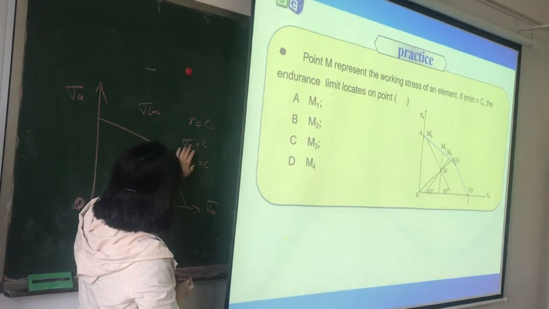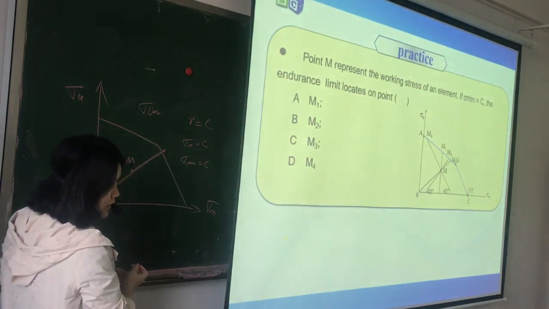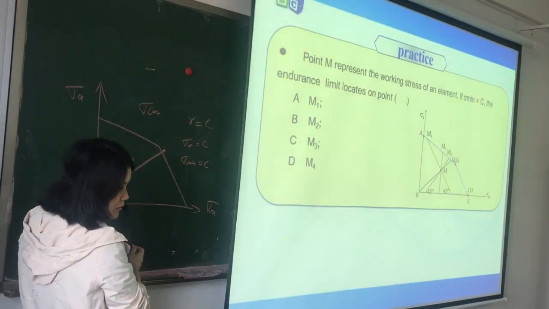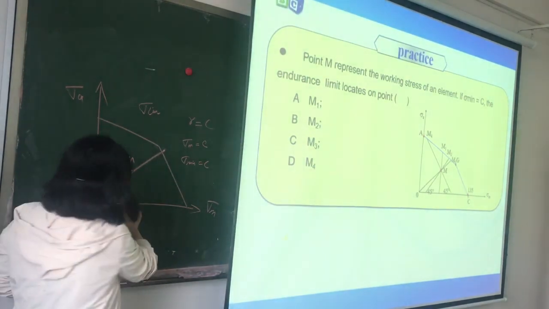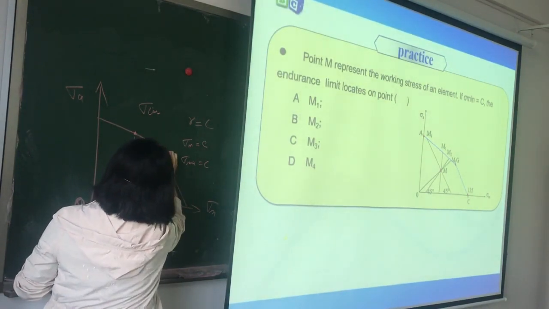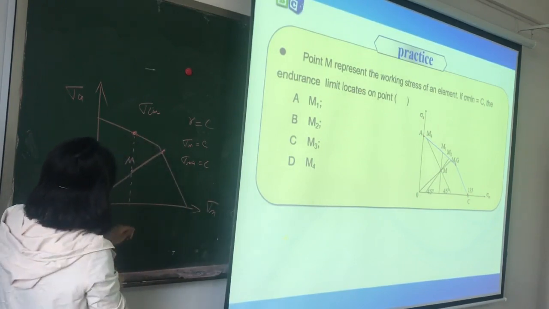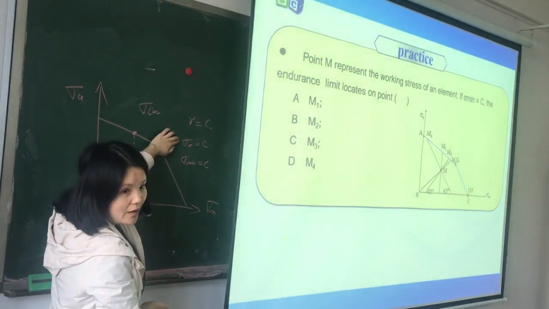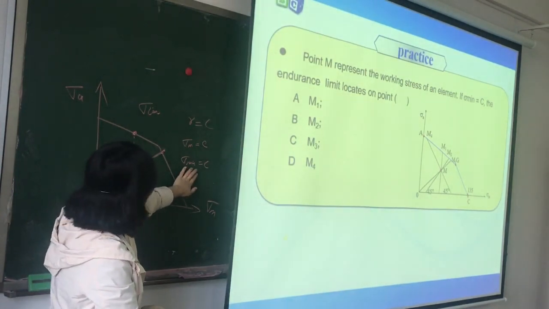And for sigma M constant, we draw a line perpendicular to this line, and this point indicates the sigma limit for this condition.